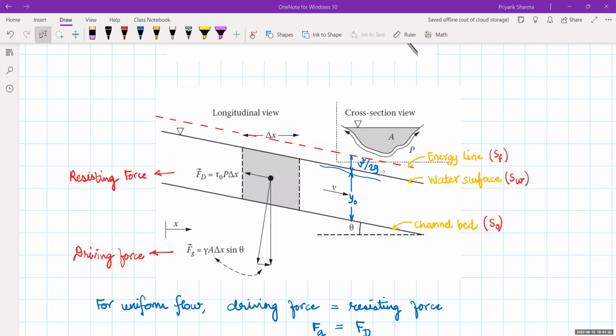Second is the water surface, with water surface slope SW, and third is the energy line, that is depth plus V square by 2G, the total energy line, and the slope is SF. If all these three slopes are equal, that implies that the energy line, water surface and channel bed are parallel, then we can say that the uniform flow condition is established. So these are the essential criteria to establish the uniform flow.